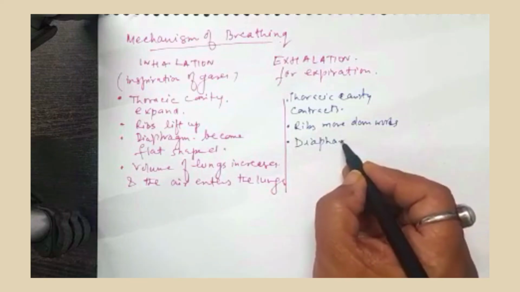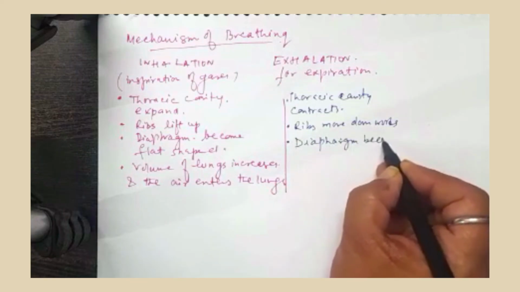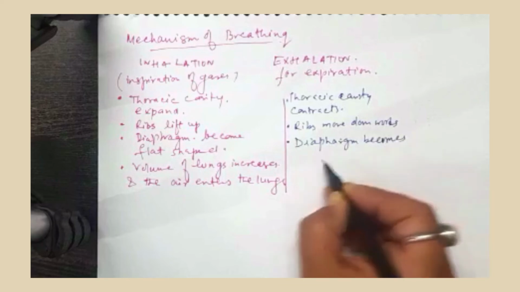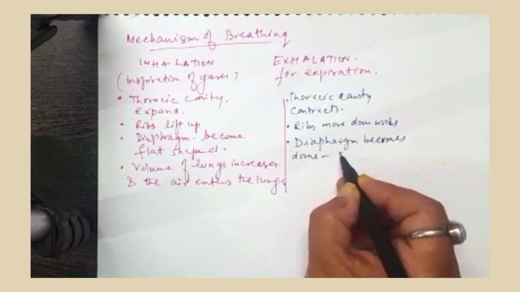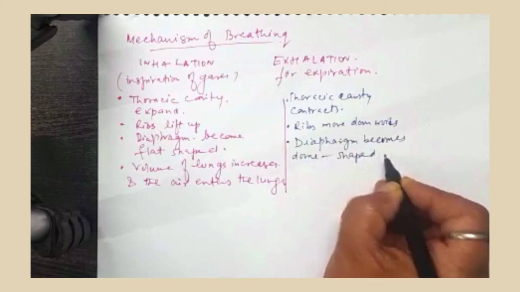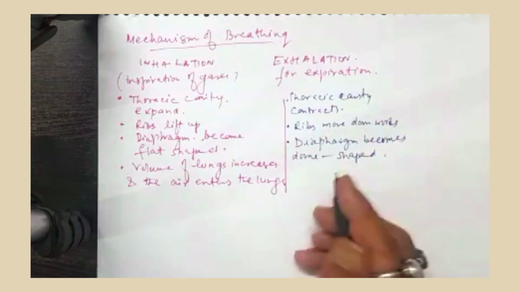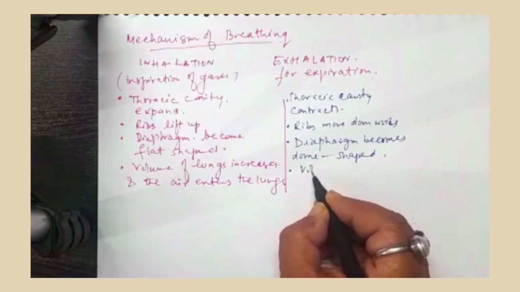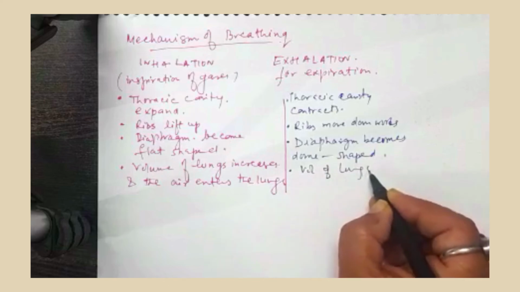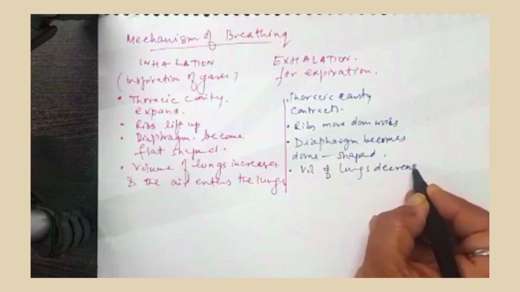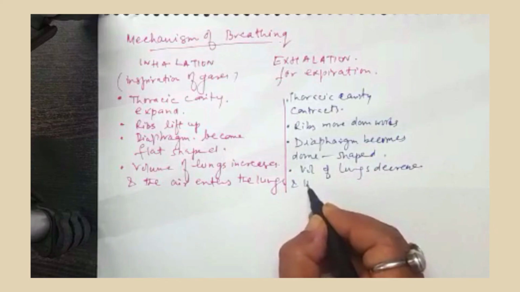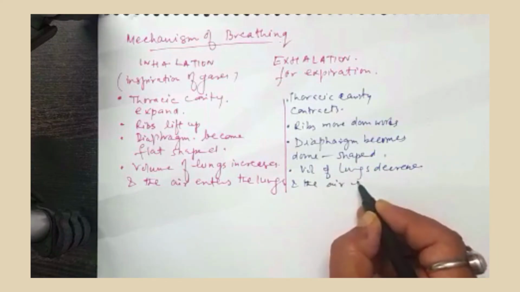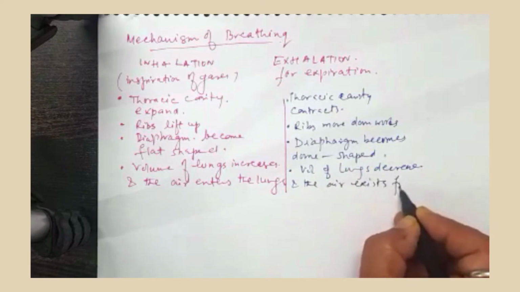Diaphragm becomes dome shaped. Like थोड़ा सा उठा हुआ होता है, and the volume of the lungs decreases and the air exits from lungs.